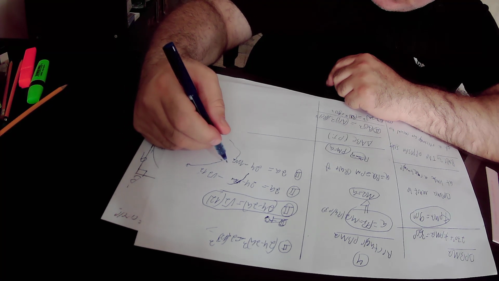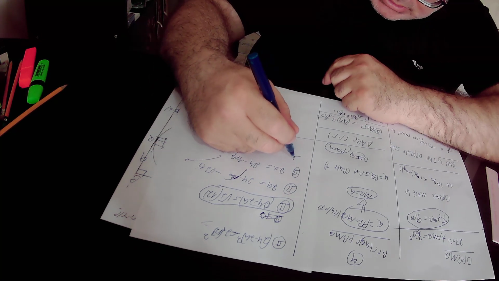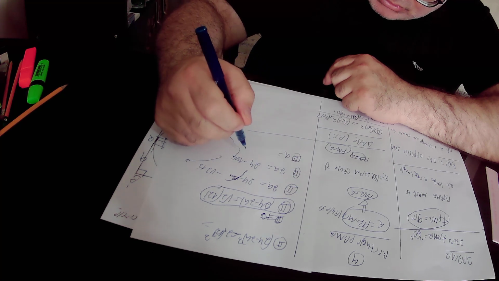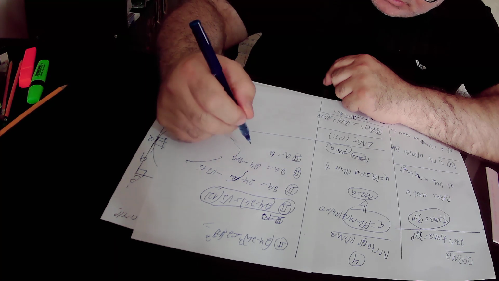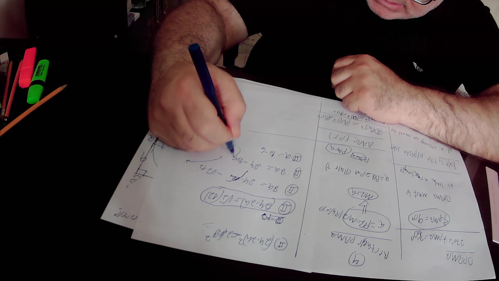We divide equation number 2 by 2, and we get that a equals 24 over 2, which is 12, and minus 12 over 2, which is minus 6. So it is minus 6 times the square root of 2.